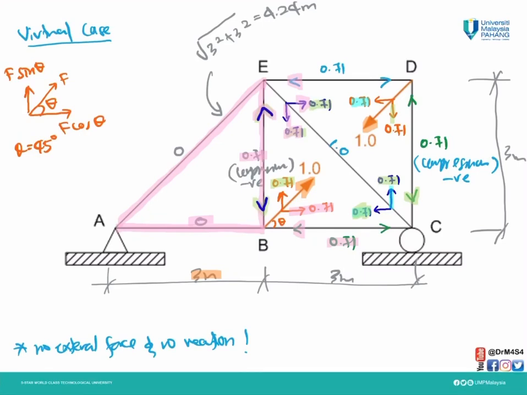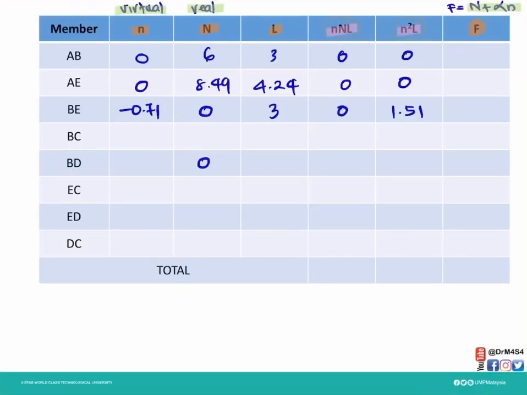Value for that is 1. Direction for that is tension. For tension is positive. So positive 1. The length for that is 4.24. Calculate next value. This one is 0. This one is 4.24.